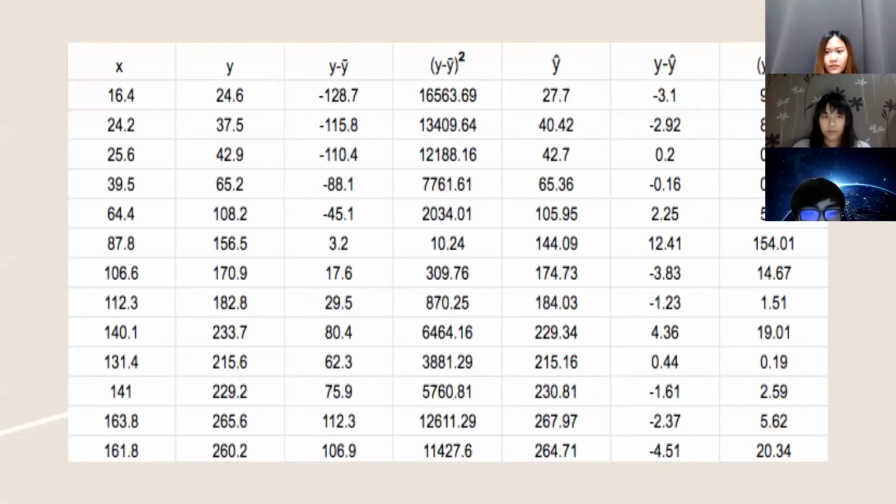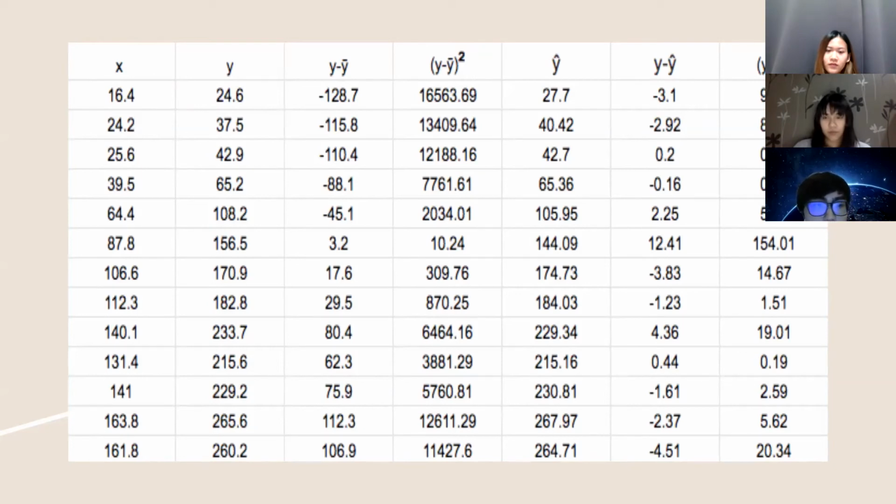In this next slide, we use the data x and y that we already have, and then we find the values the formula needs. For example, we use y minus y hat, put it in brackets and square it, and then in the fourth column you sum all of that column.